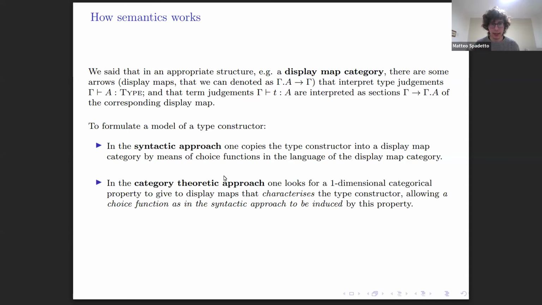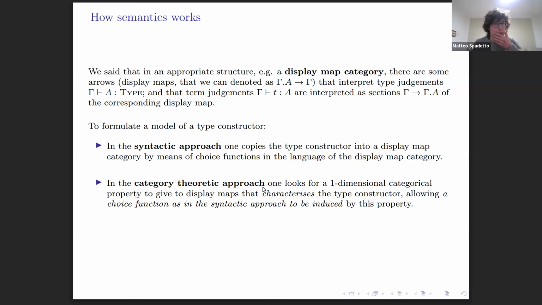While, as we said, in the category theoretic approach, we look for one-dimensional categorical properties characterizing type constructors, allowing a choice function, as in the syntactic approach, to be automatically induced by this property.